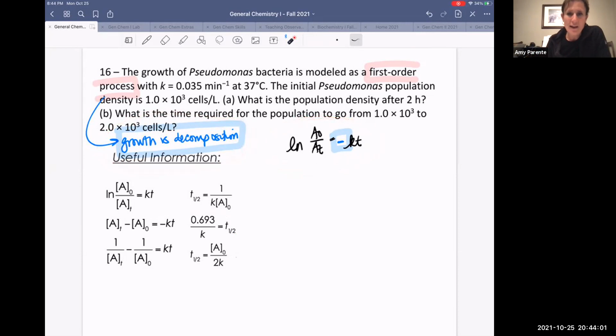This is not anything I would expect you to know, but I just wanted to highlight that this is a way to do the same kind of problem, but with a little twist on it. So in this case, we're going to need to have a minus sign there. That's going to reconcile the fact that this is a growth process versus a decomposition process. So if you want, go ahead and try working through this problem using this different equation, okay? And I'm going to work through the solution with you in just a second.